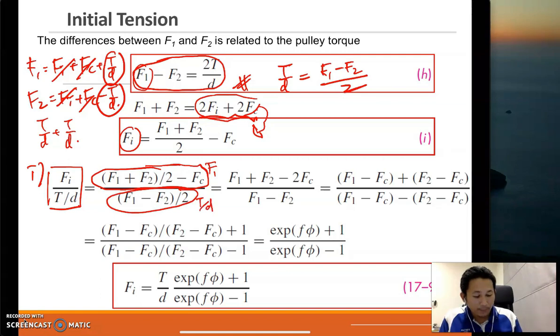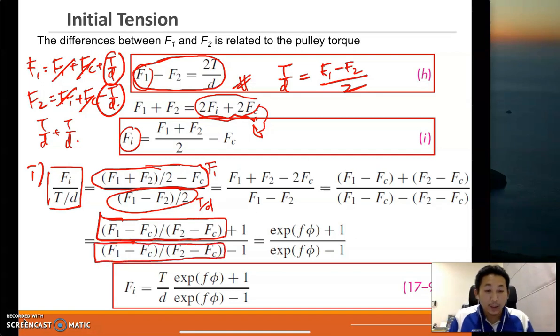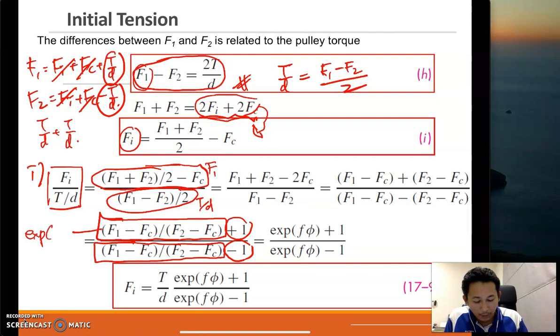From that we solve the equation, and finally we get this result. We can see there is a pattern, the same equation, and the difference is only the plus and minus. This one we call the exponent f psi.